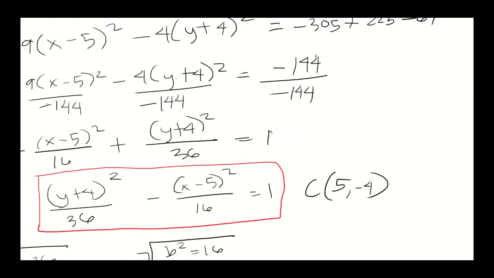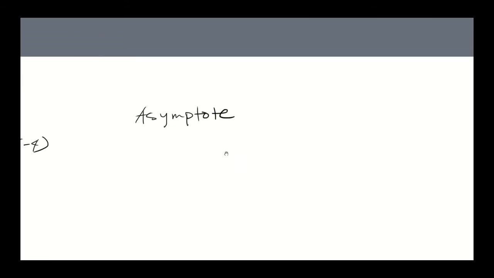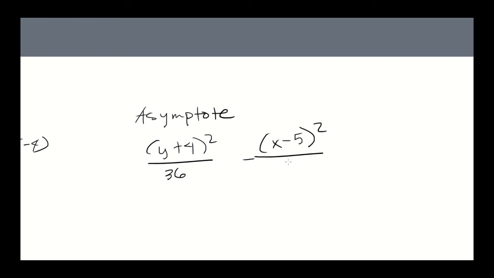We have y plus 4 squared over 36 minus x minus 5 squared over 16. So we will copy that, and instead of equating it to 1, we will equate it to 0.